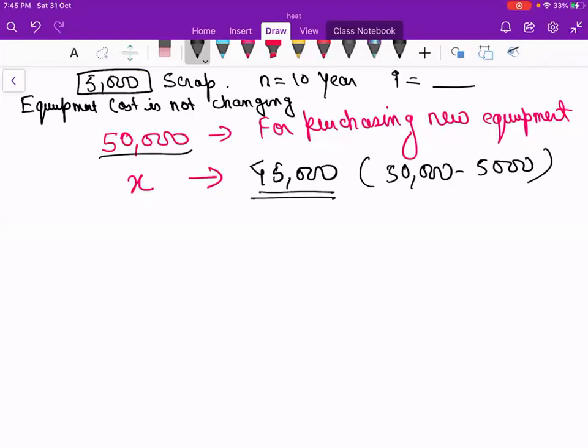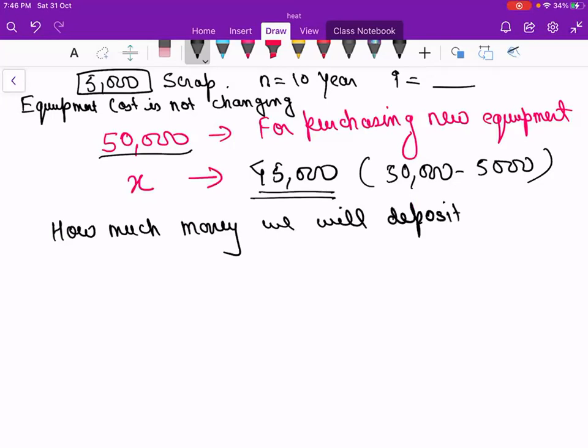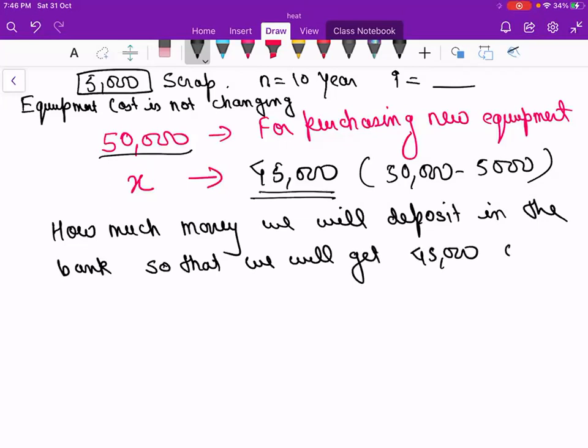So in capitalized cost, what will we think? We will think about the replacement cost, meaning how much money we will deposit in the bank so that we will get 45,000 rupees as the interest amount.